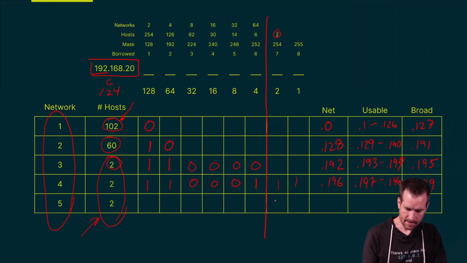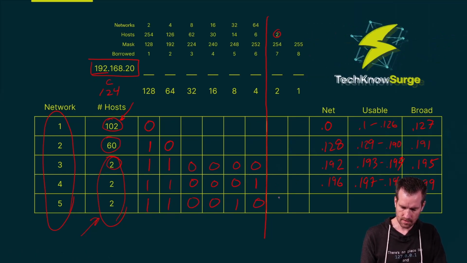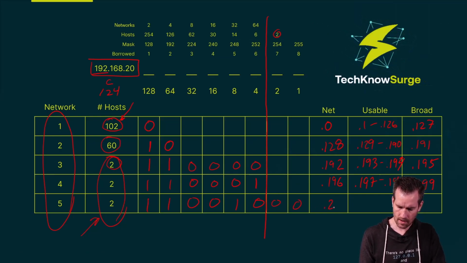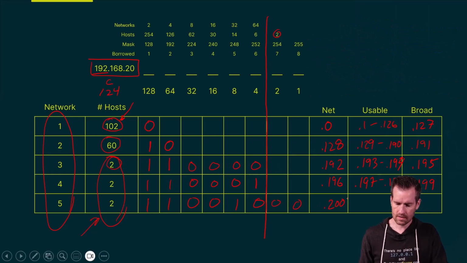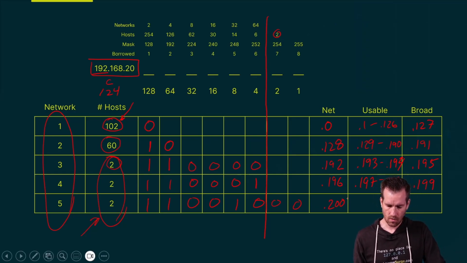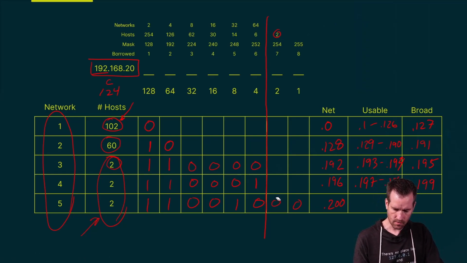Now my next network address that I can use is 110010. If I were to put 00 in here, this would equate to a .200. So, and then the last of this range, I'm going to put 1s in here, would be .203.